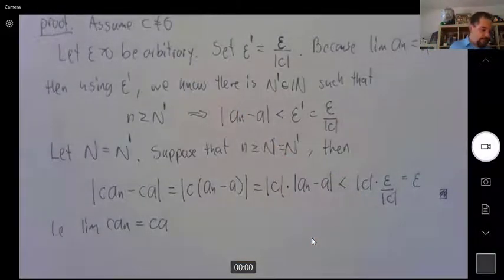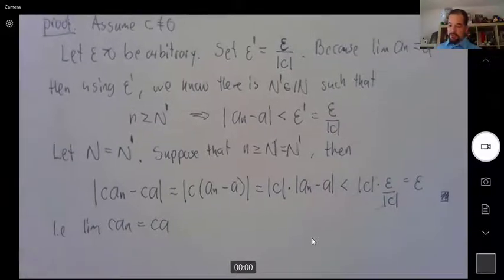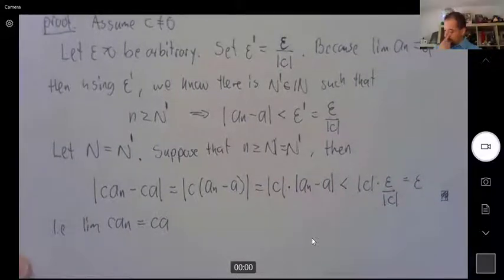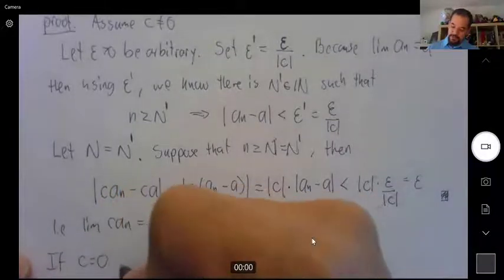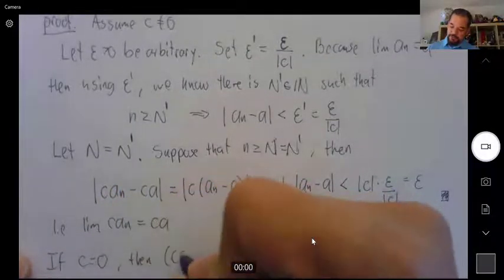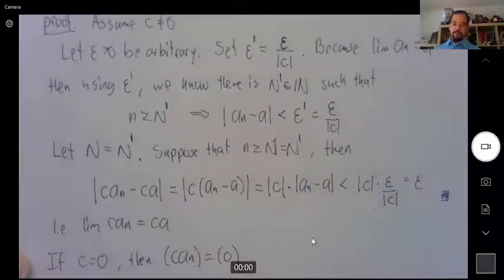What about if C is 0? Well, that case is super easy, right? Because if C is 0, then the sequence C a_n is just the sequence 0. It's a constant sequence, 0, 0, 0, 0, all the time 0.